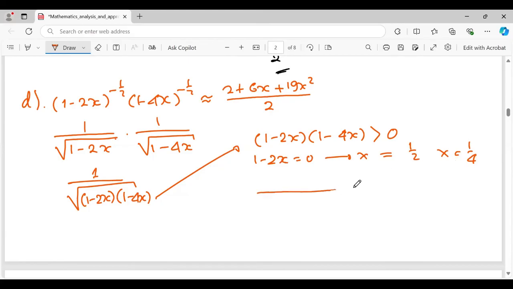So if we create the number line, this is a quarter, this is half, and if the inequality is like this, it means the area is under the quarter. So it means that x should be less than a quarter.